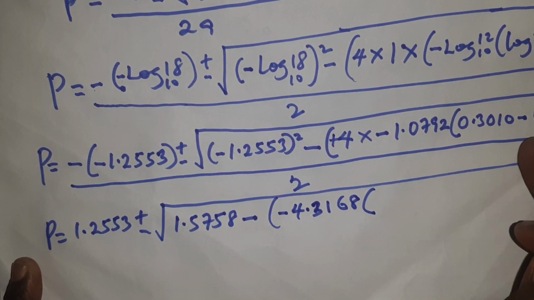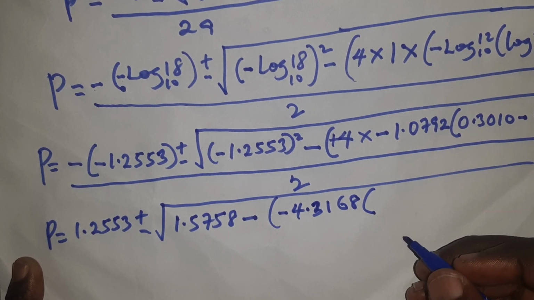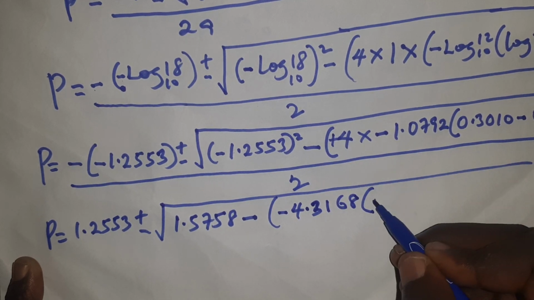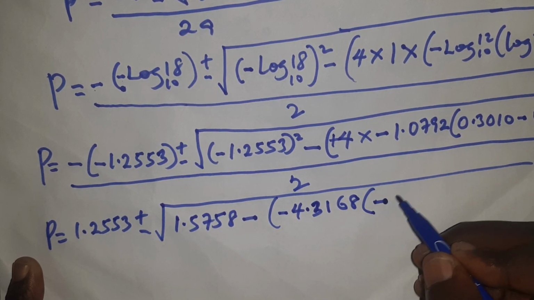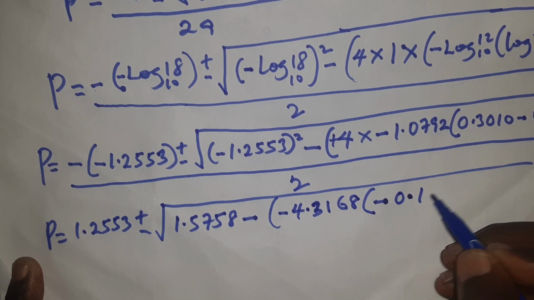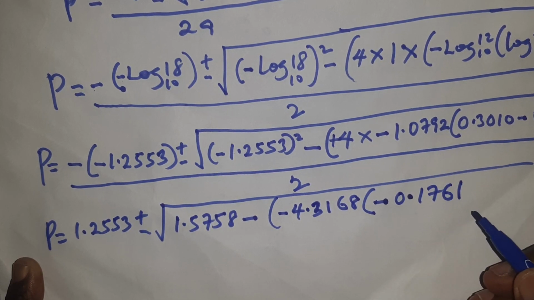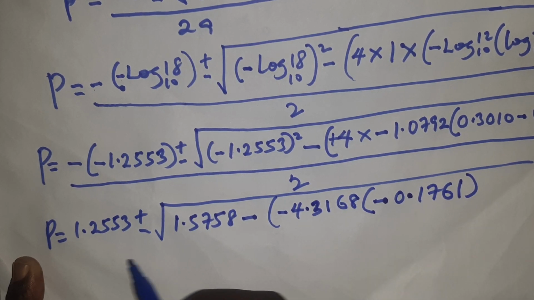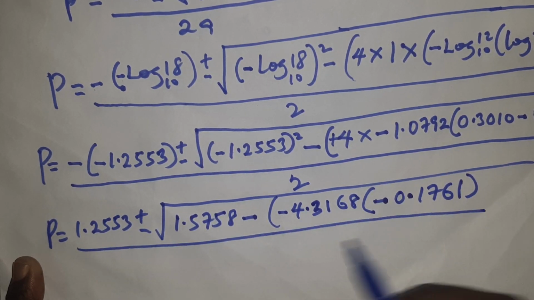If you subtract, you get minus 0.1761, then you close the bracket, and then still everything divided by 2.